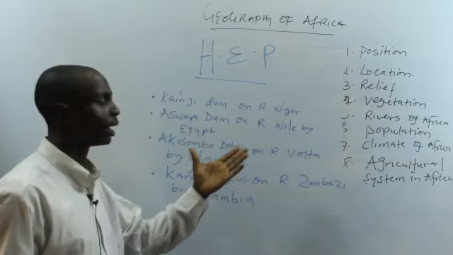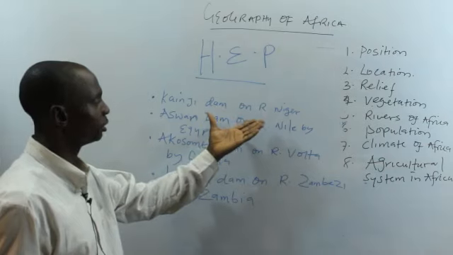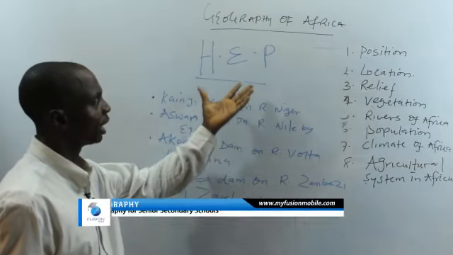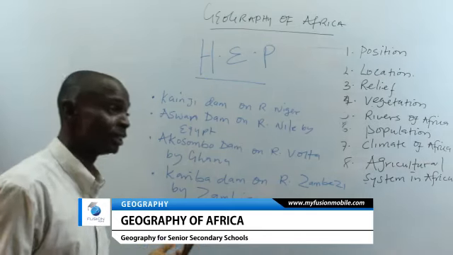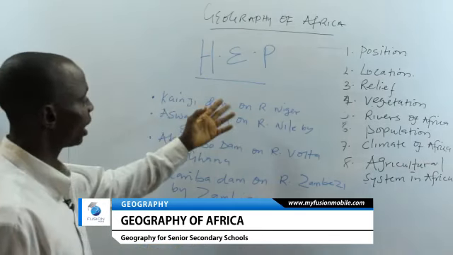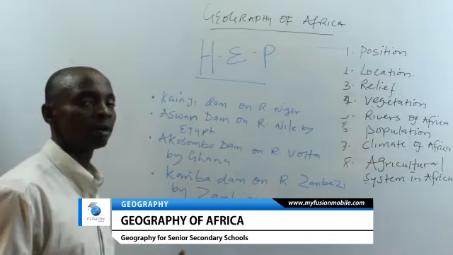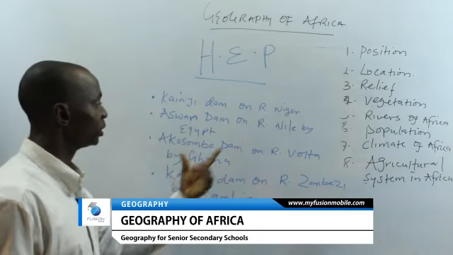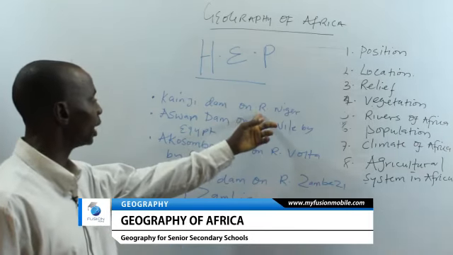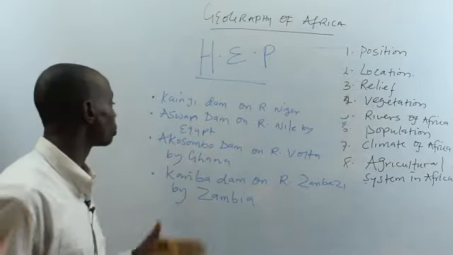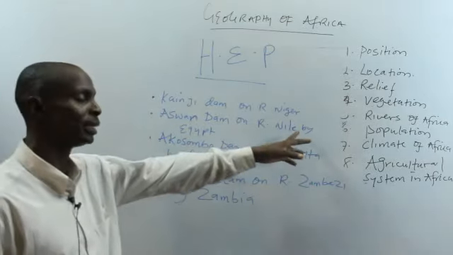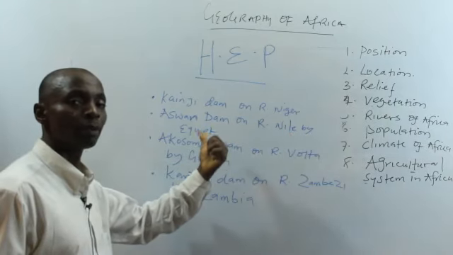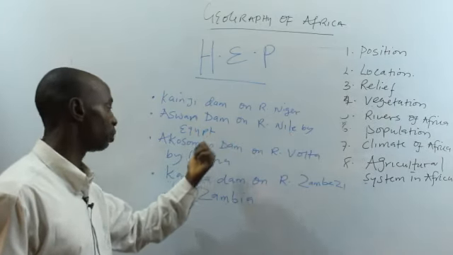These are the major dams where hydroelectric power is being generated in Africa. Number one, we have Kainji Dam on River Niger, built by Nigeria. We have Aswan Dam on River Nile, by the Egyptian Republic.